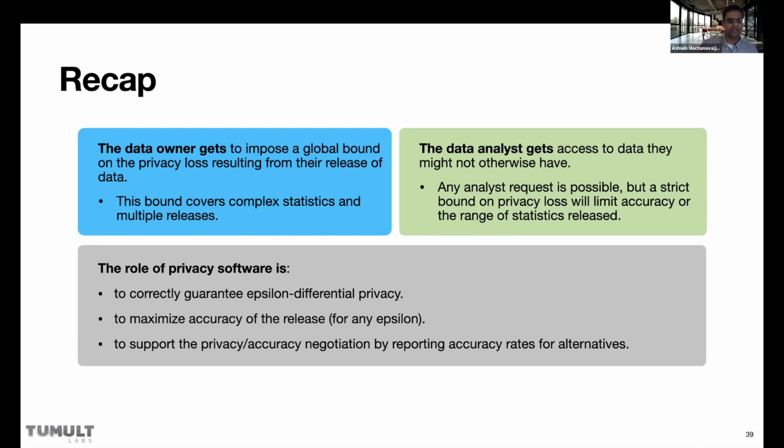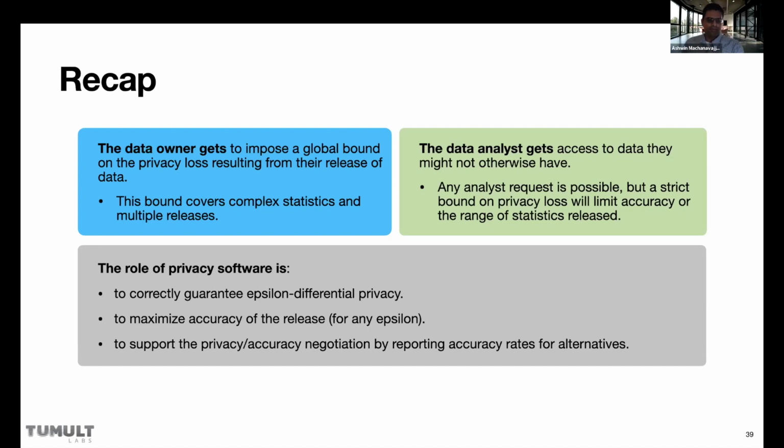You have the data owner that's trying to impose a global bound on the privacy loss, which covers all of the releases that they're making and all the statistics they're releasing. The data analyst is now getting access to data that they may not have. And while any analyst request is possible, the strict bound on privacy will limit what kind of statistics will have high accuracy, right?